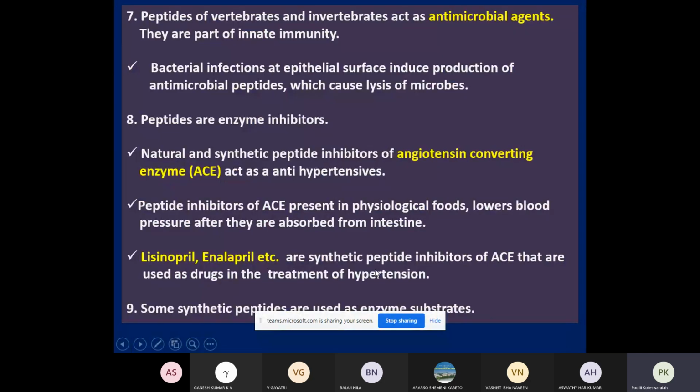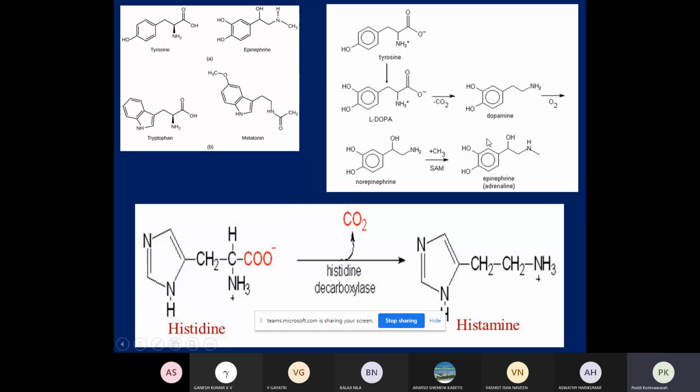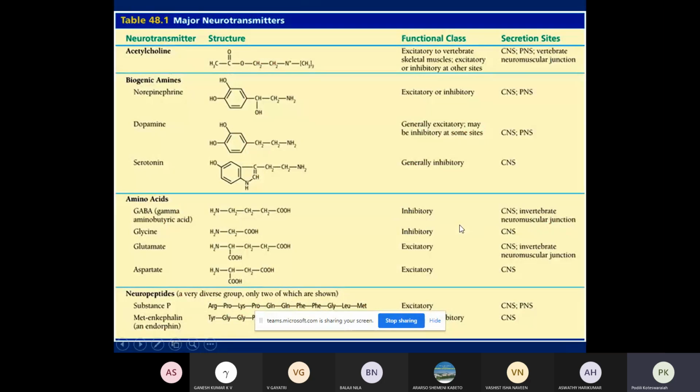That means these amino acids are not only part of proteins, they are the source for the formation of many important molecules. Dopamine, norepinephrine, and serotonin are all biogenic amines, and all of these are synthesized from amino acids.